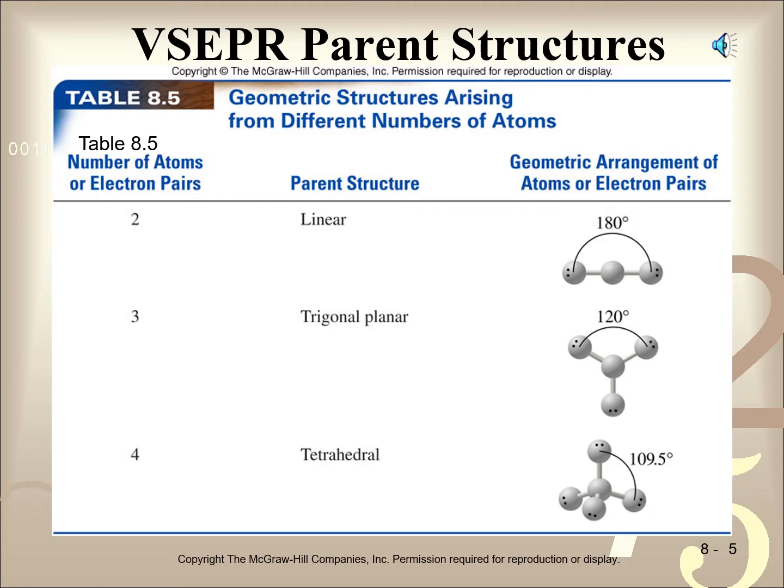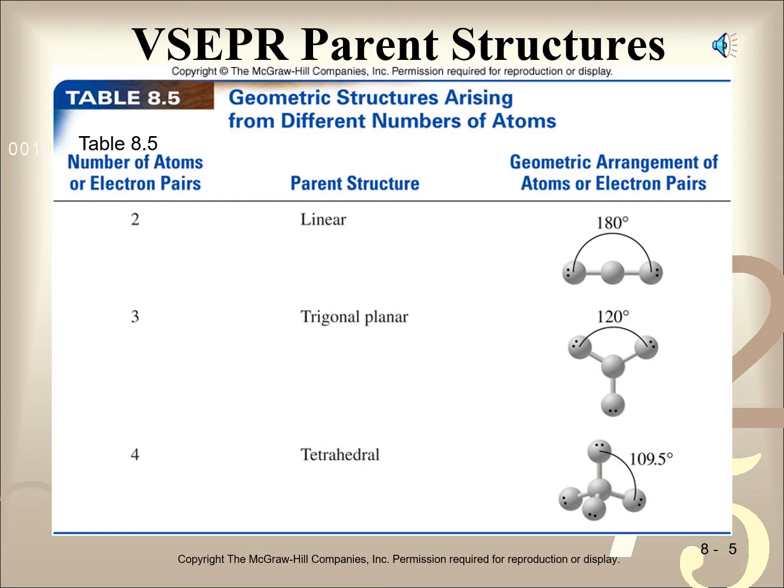For the purposes of this class, there are three base shapes in which electron pairs can arrange themselves, and all other shapes are derived from these three fundamental shapes. Whenever you have two electron pairs, the farthest two things can get away from each other is 180 degrees.